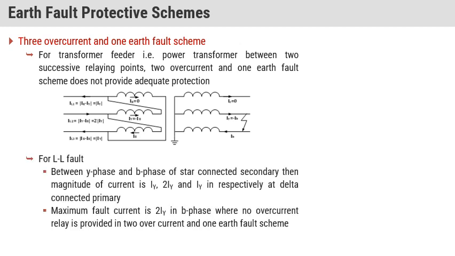For a double L fault between phase Y and phase B of the star connected secondary, the magnitude of current is IY, I star, and I star respectively at the delta connected primary. The maximum fault current is 2I in phase B when no overcurrent relay is provided in the two overcurrent and one earth fault scheme.